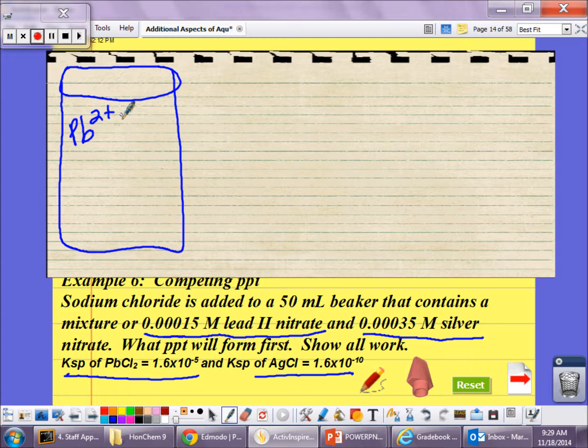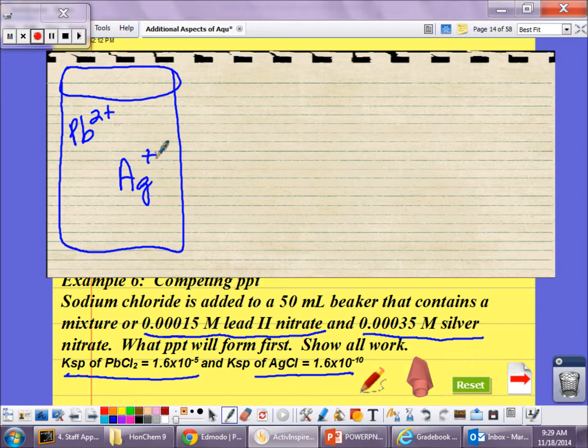I'm not going to put it in there, so we won't have too many things to deal with. The other solution we have is silver nitrate. I know all nitrates are soluble, so I will have silver ion and nitrate ion. So I write down my silver ion. I know silver is 1+. I have some nitrates here in the beaker, but I don't care.